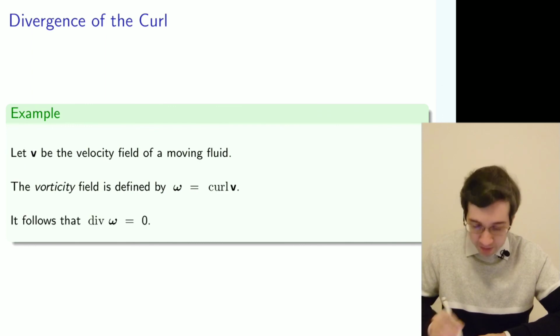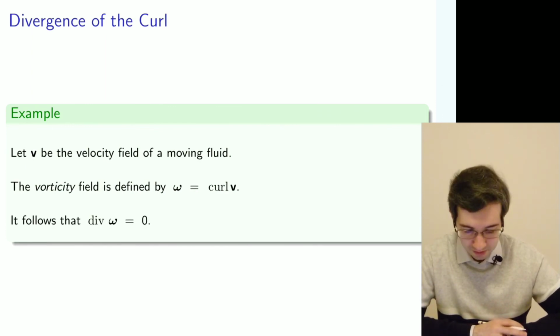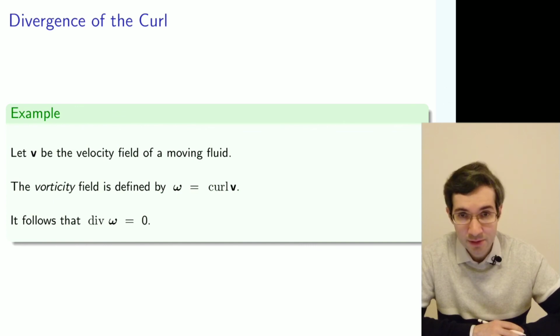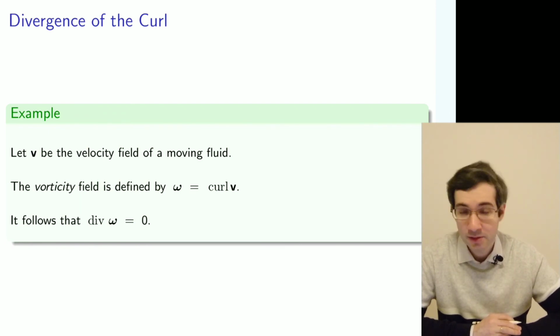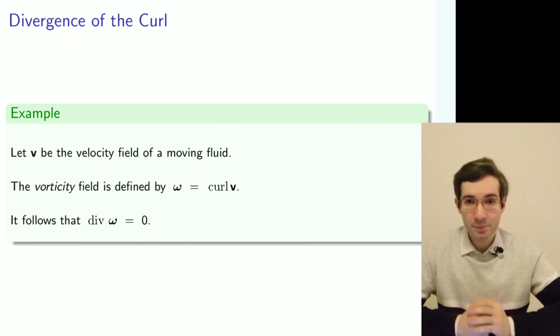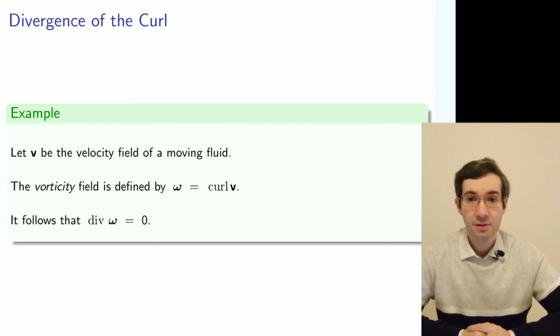And if we take the divergence of the curl, then we see that it's 0. That is why divergence of vorticity of any velocity field is 0. So those were examples and properties of the curl, which completes our study of the differential operators of vector calculus.